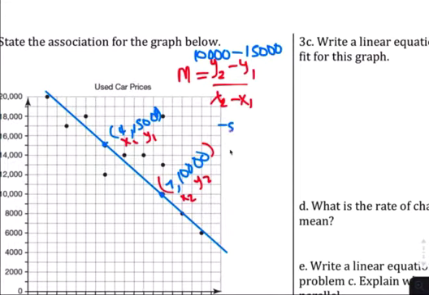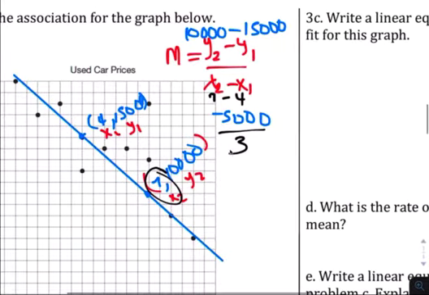That's a negative 5,000 over 7, x sub 2 is 7 minus 4, which is 3. So 5,000 divided by 3 is 1,666.7. It's a negative. This is a negative. Your slope is negative.